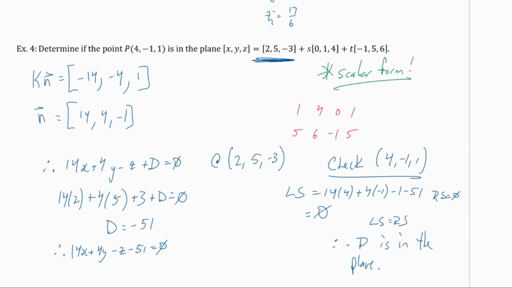There are underlying questions often involved in all of these, like converting it to scalar form or whatever it happens to be, right? So keep that in mind, that that is really part of this. And it's in a way by design that the questions are not going to tell you what to do. They're not going to say convert it to scalar form and then do this. They're just going to say determine if the point is in the plane, and you have to know that that involves scalar form.